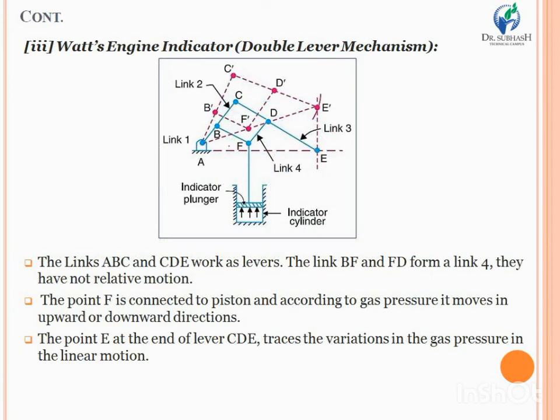After that, the third type of inversion is the Watt's engine indicator, or we can also say the double lever mechanism. This Watt's engine indicator mechanism is generally based on a 4-bar chain mechanism, in which one link is fixed, link 2 is the ABC link, link 3 is CDP, and both act as a lever or oscillator, and link BE and link ED will form link 4.